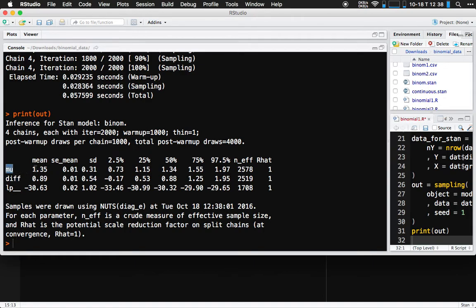Mu being where in general is the data on the log odds scale. So 1.35. Remember I said 0 on the log odds scale is 50%.